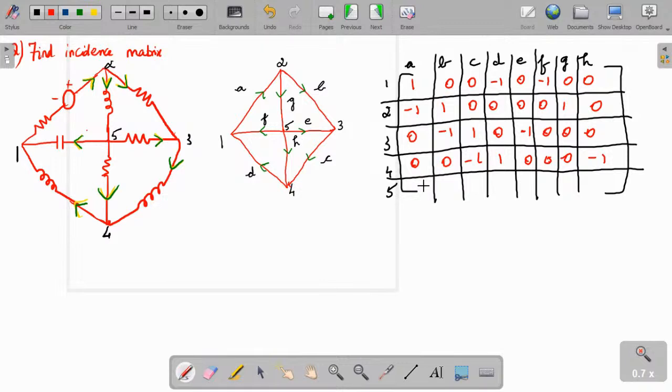Next for node 5 we have E, F, G, H linked, so remaining all 0. Okay, so what about E? E is leaving, so it is +1. F is also leaving, so +1. G is entering, so it is -1. H again is leaving, so +1.